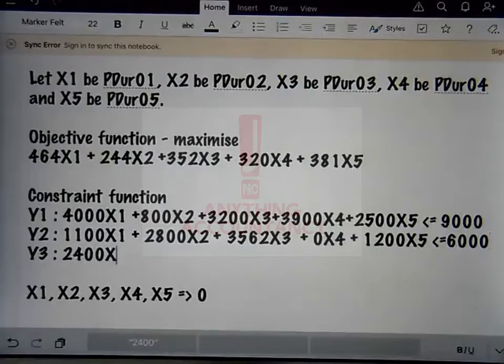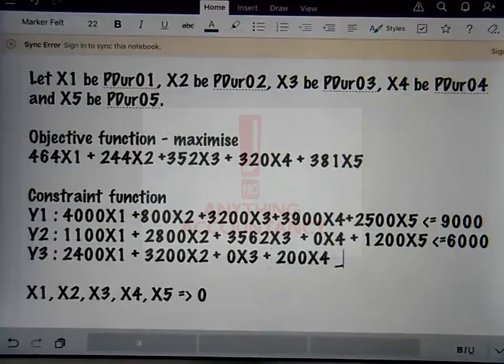2400x1 plus 3200x2 plus 0x3 plus 2200x4, this one is.